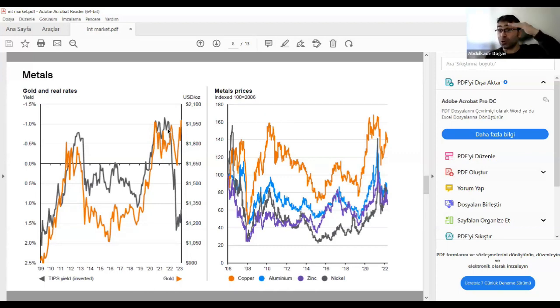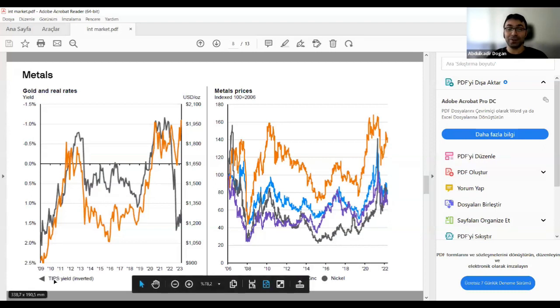So if inflation is going up, you should offer higher yields to your customers, because they should be as well off as they were before the inflation. For that reason, gold prices and Treasury inflation-protected sovereign yields will behave in the same cycle.